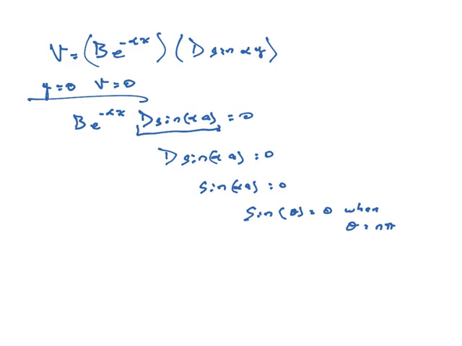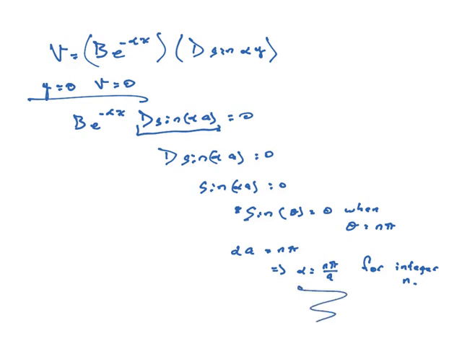So any integer multiple of pi will make the sine function go to zero. So that means the something, for us, alpha a, better be equal to n pi. So this implies alpha must be n pi over a for integer n.